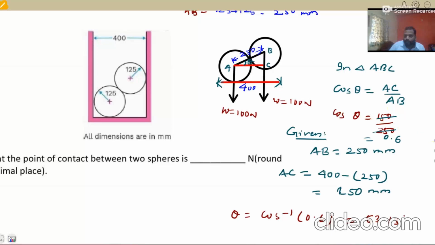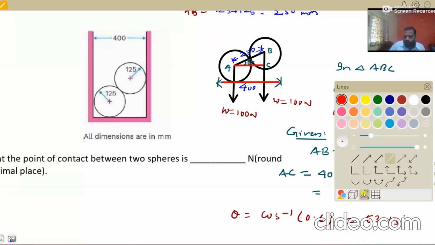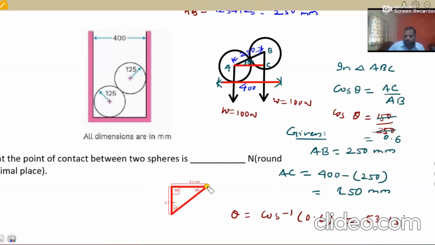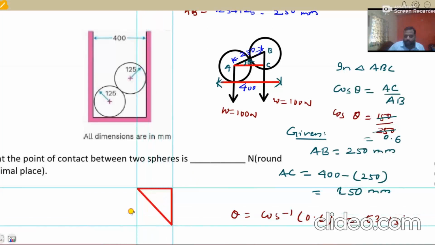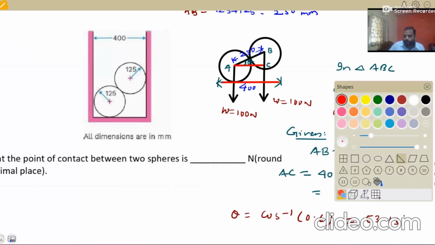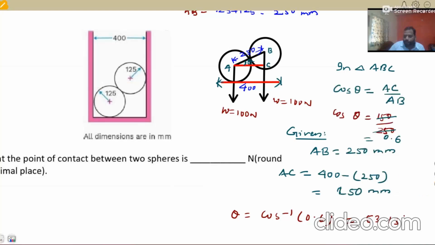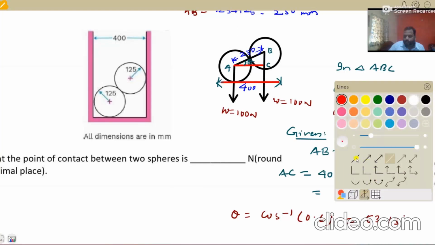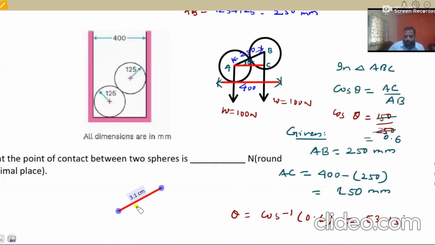Now I will make a triangle. I make it simply freehand.